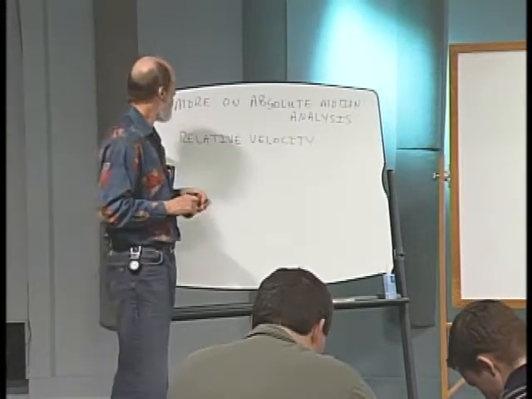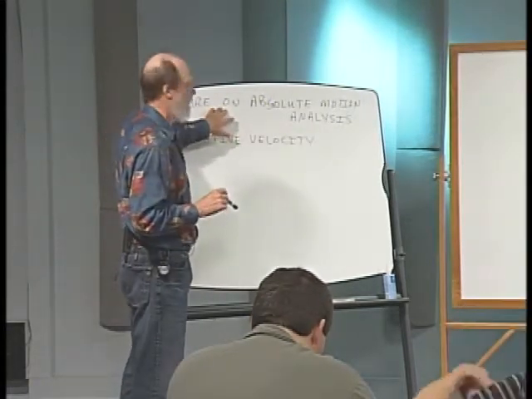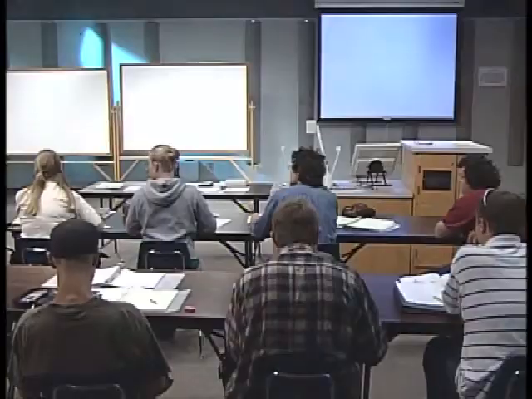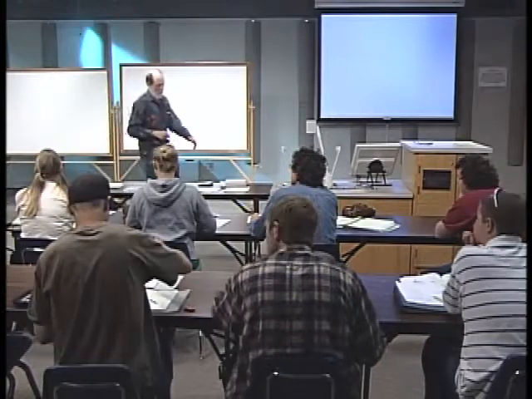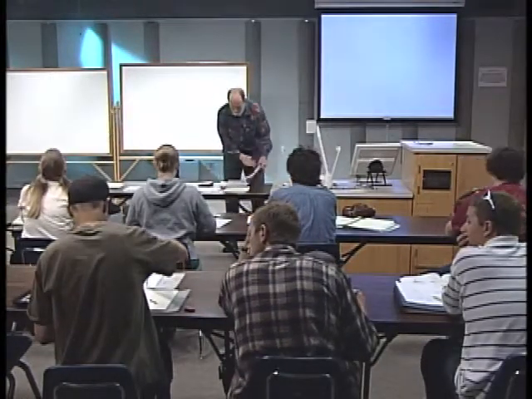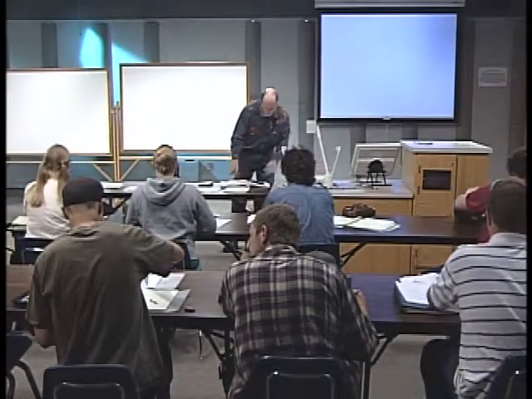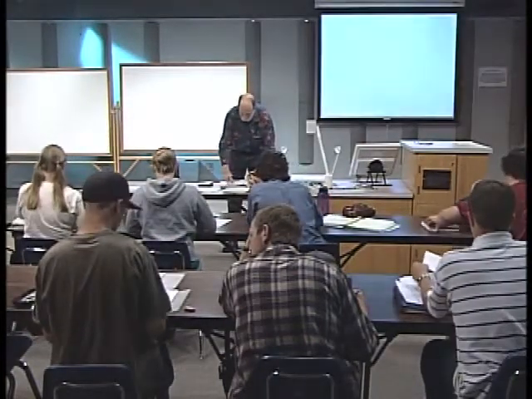Okay? So let's go back to the problem we left off with from last class session, number 29 in chapter 5. I'll put it up on the screen here again.